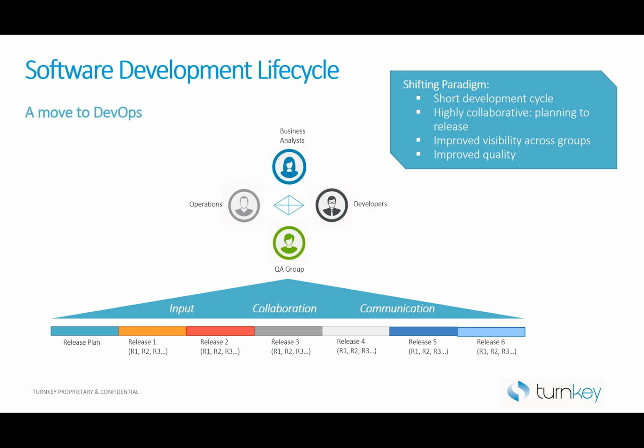And most importantly, fostering improved quality throughout the SDLC process by engaging all teams, especially QA, earlier in the process. So by gathering input from all teams early and often, collaboration will eliminate the silos between teams, improving communication to ensure everyone is working toward the same goal: rapid releases with high quality at a low cost.